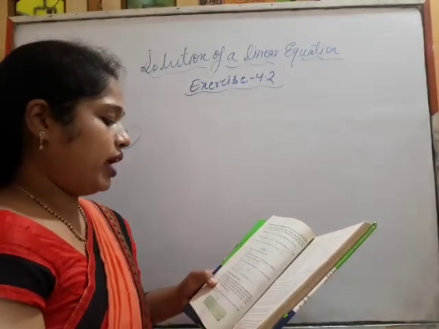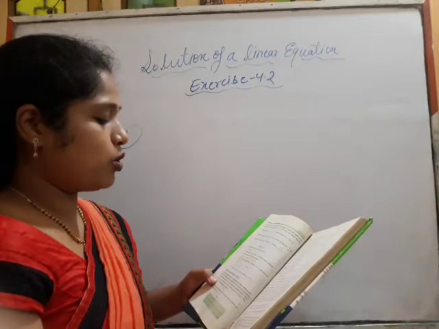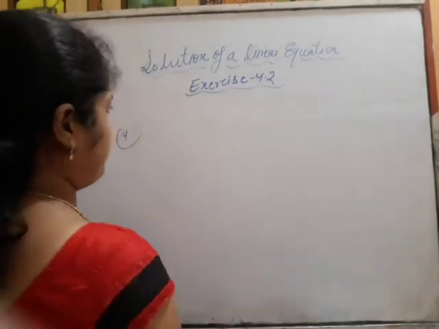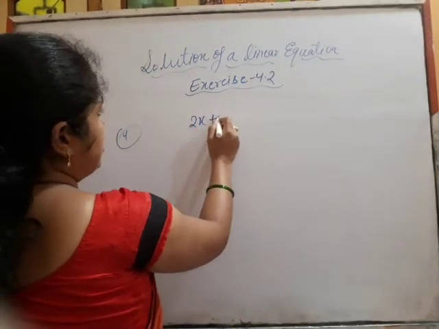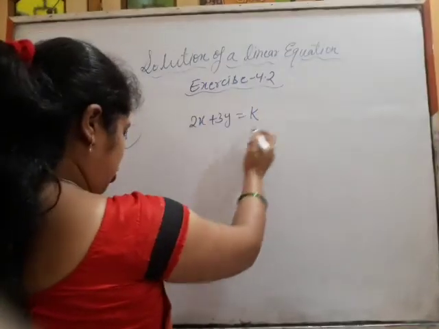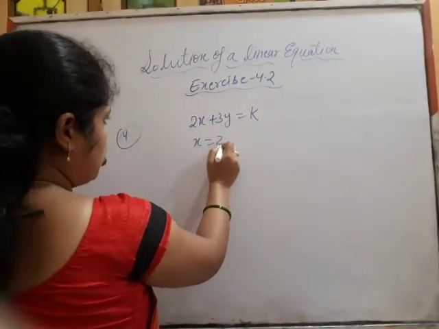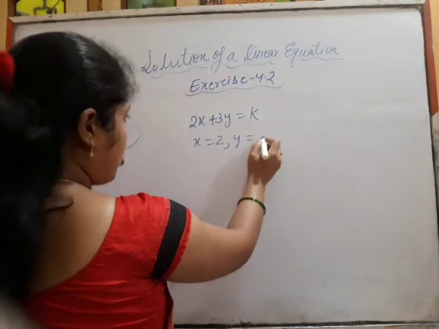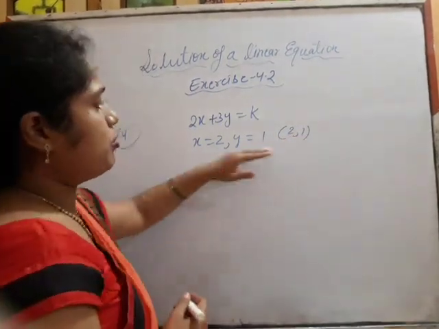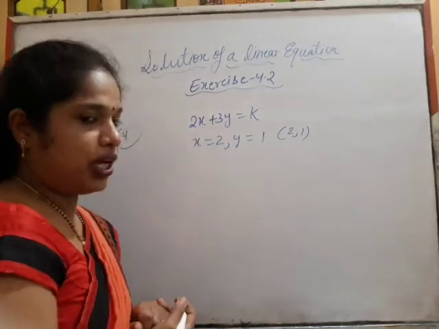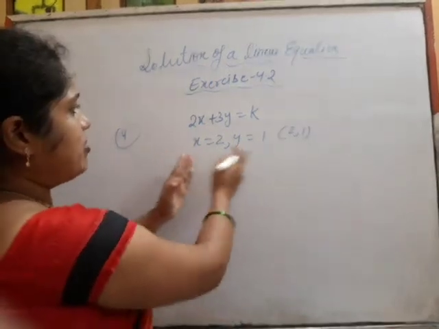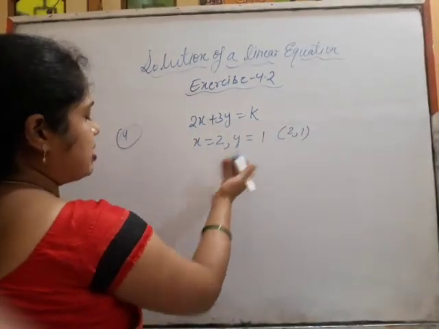Find the value of k if x = 2 and y = 1 is a solution of the equation 2x + 3y = k. If 2 and 1 is a solution of this equation, we can find the value of k. We only need to put these values in, which will give us the value of k.